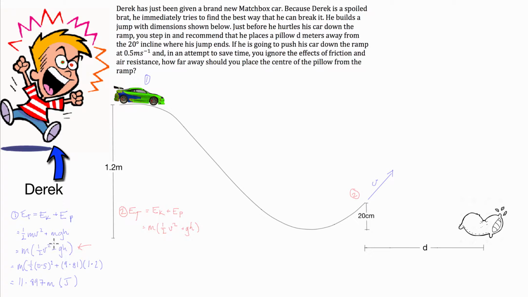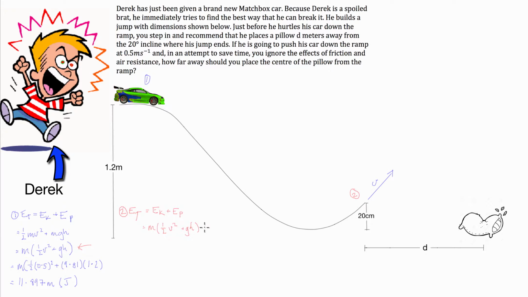In this case, this has got to be equal to the total energy which we derived in 1, because the law of conservation of energy states that the energy at 1 has to be equal to the energy at 2.